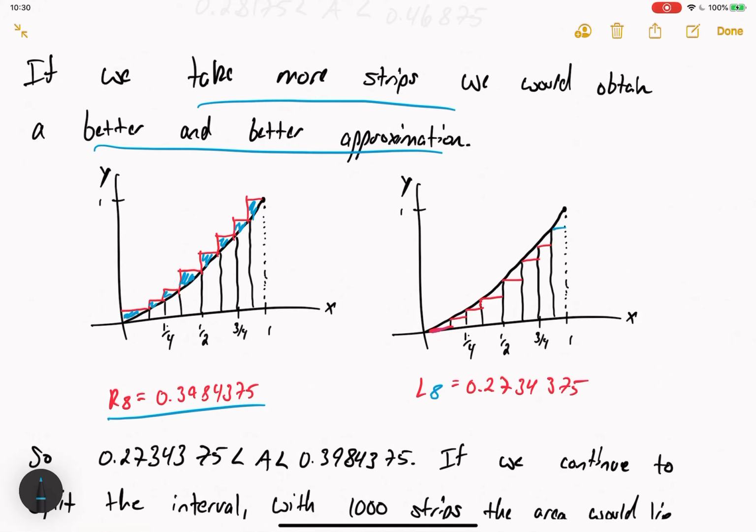But typically what happens is whenever you increase the number of rectangles, you get better and better approximations. That's kind of what happens if you're trying to measure the length of a table. If you could only do it in meter sticks, if you can't break it down any further, if you just have a stick that you know is a meter long, then it's somewhere between 1 and 2 meters. But let's say you take that stick and now you mark a half meter on it.